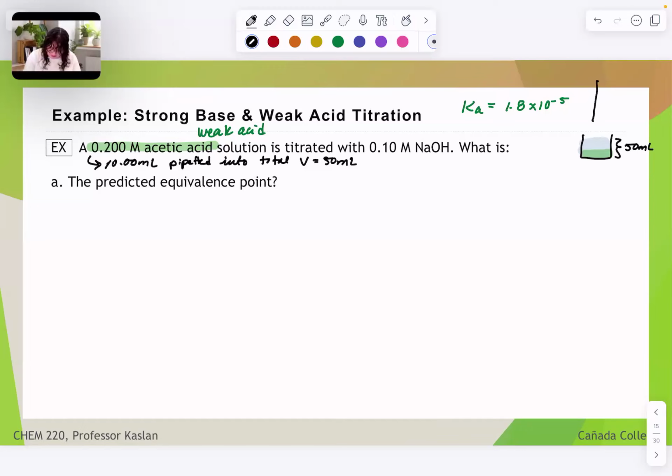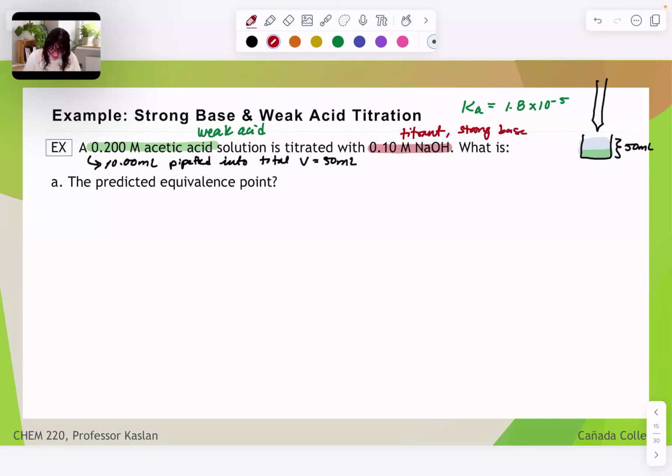Okay, we are also told that the titrant, the strong base, is our sodium hydroxide.